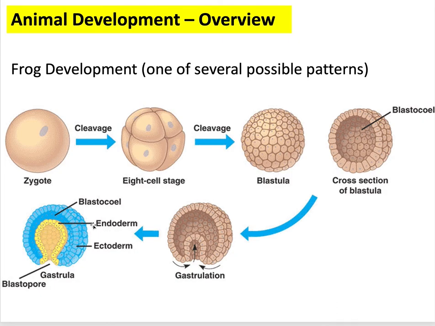And then we also have 3 different germ layers starting to produce, which give rise ultimately to muscles and nerves and so forth. So we start seeing differentiation, specialization of the cells at this step in development. So we go from blastula to gastrula through the process of gastrulation.